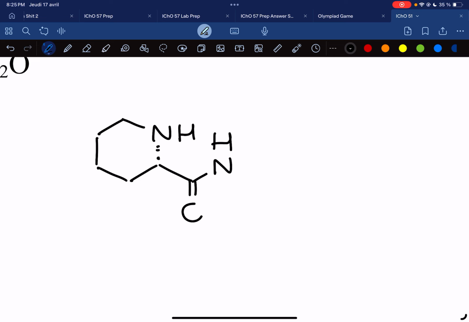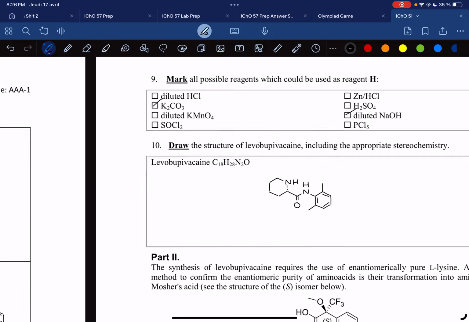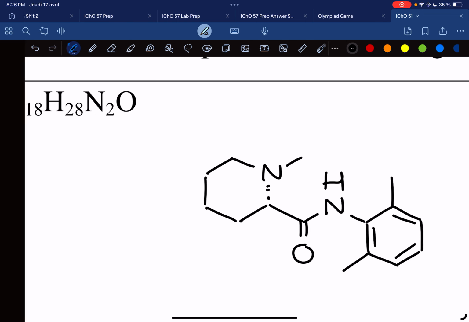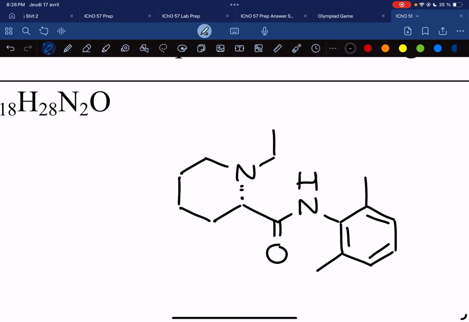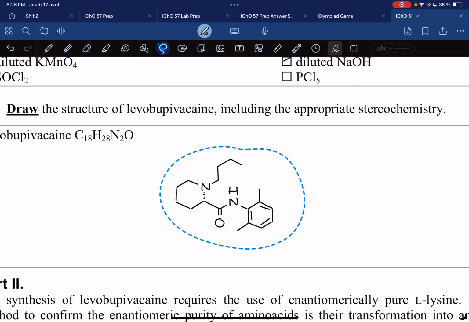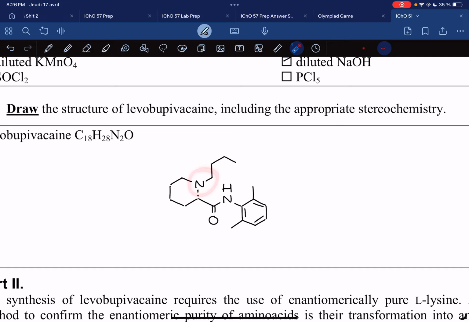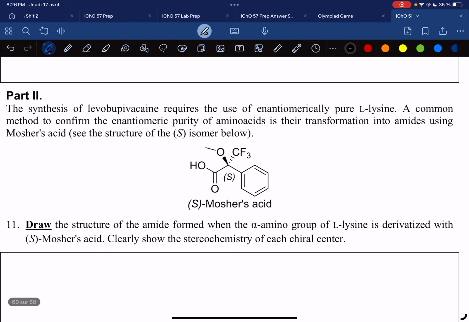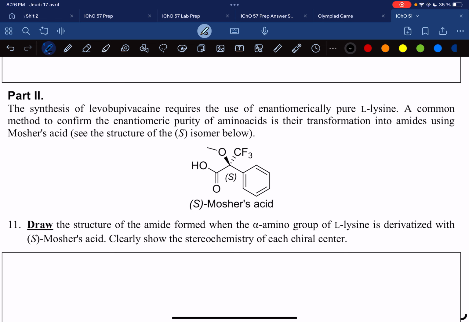That's an amide. Benzene right over here. Okay, so that's just going to alkylate this nitrogen. So we add 4 carbons, 1, 2, 3, and 4. The reason why we don't alkylate the amide is because the amide is less nucleophilic than the amine. So that's Levobupivacaine.